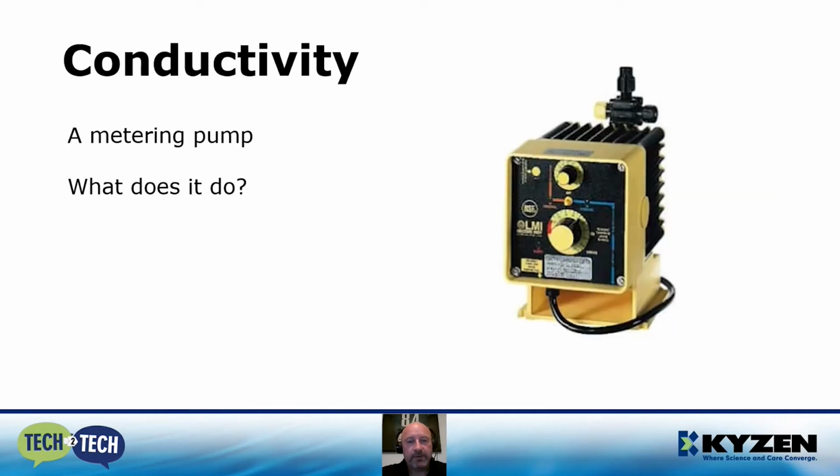A metering pump takes a 4 to 20 milliamp signal from the conductivity controller and converts it into a dose of chemistry. The dose of chemistry can be changed in two different ways: frequency, which is how often the shuttle inside the pump moves, and stroke length, which is how much chemistry is put into the mixture at any given time.